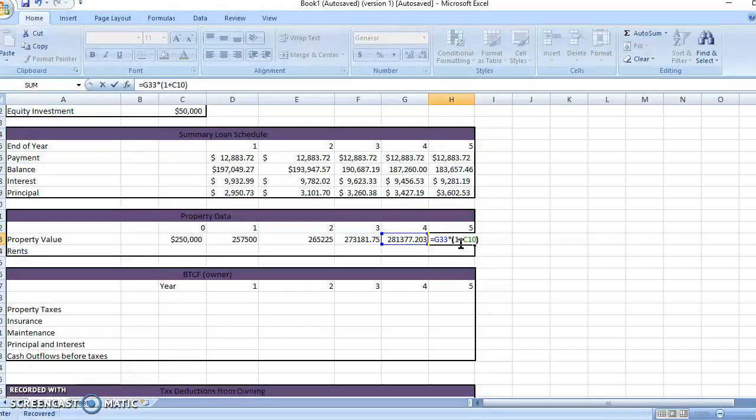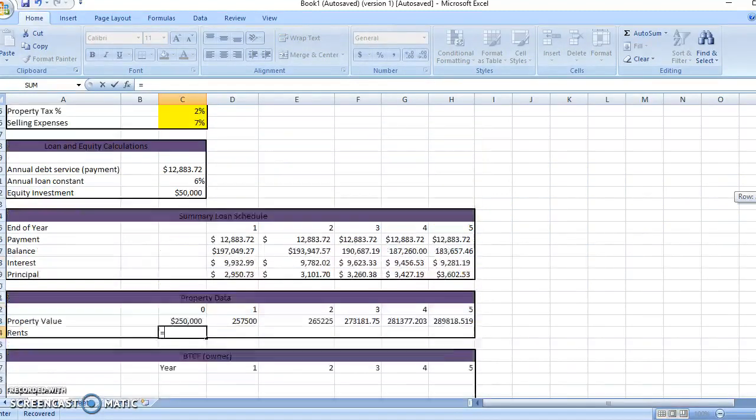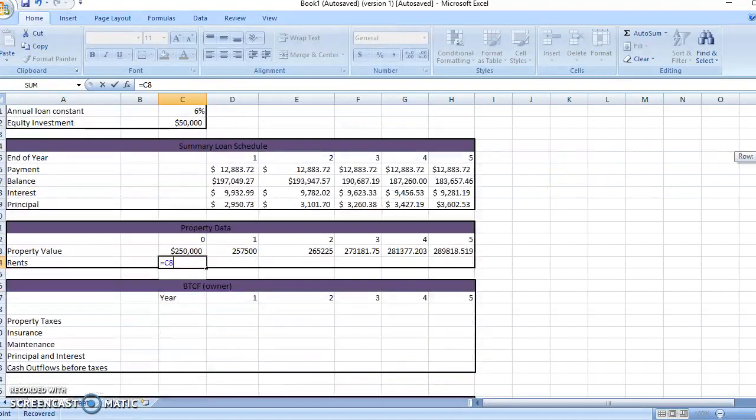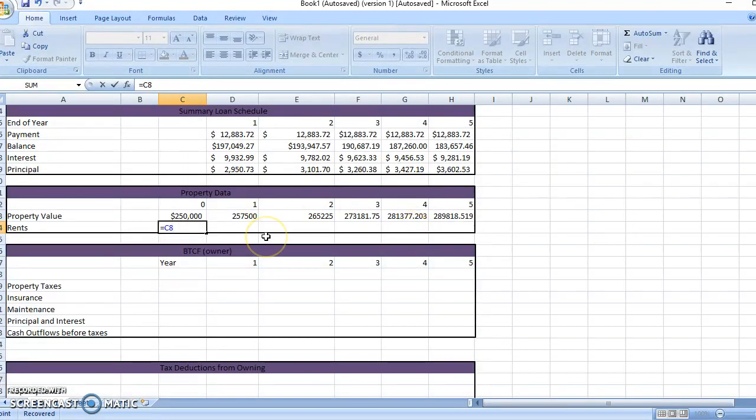Okay, cool. So then we want to do rents, and the way that we do that, okay, so now we go to the rent, and the rent is, we take from the initial rent, which is 1,600. Then we also want to multiply it by 12.